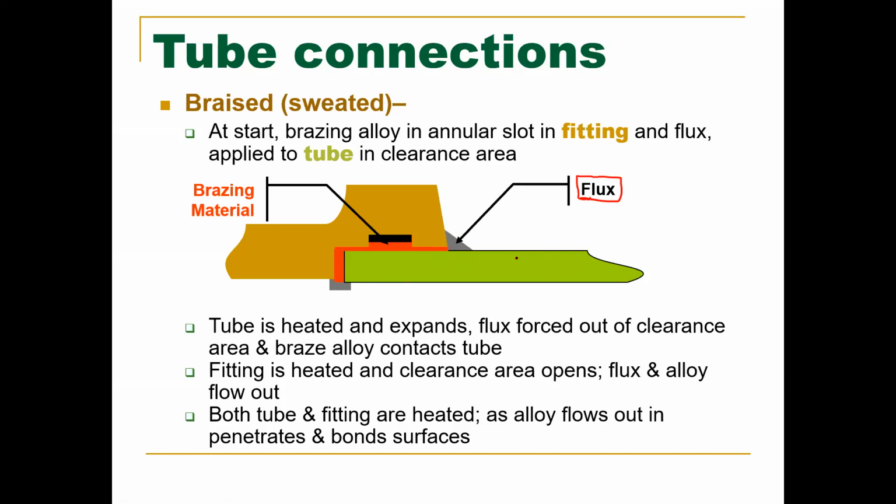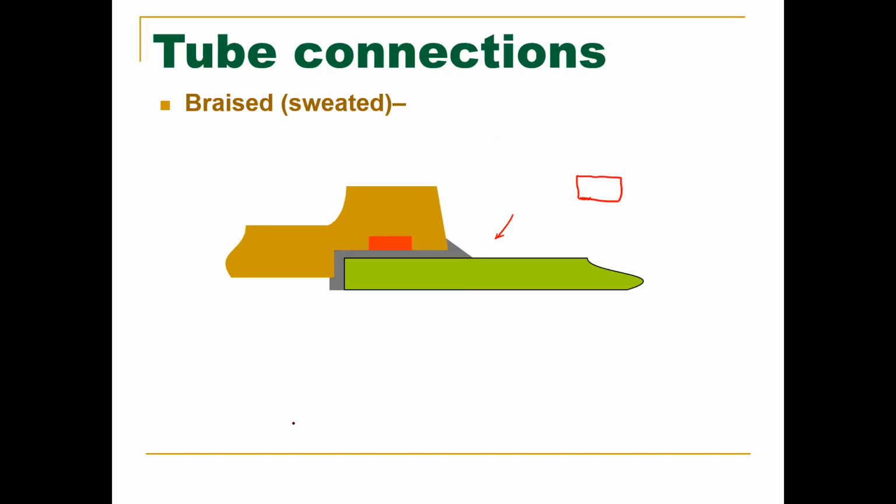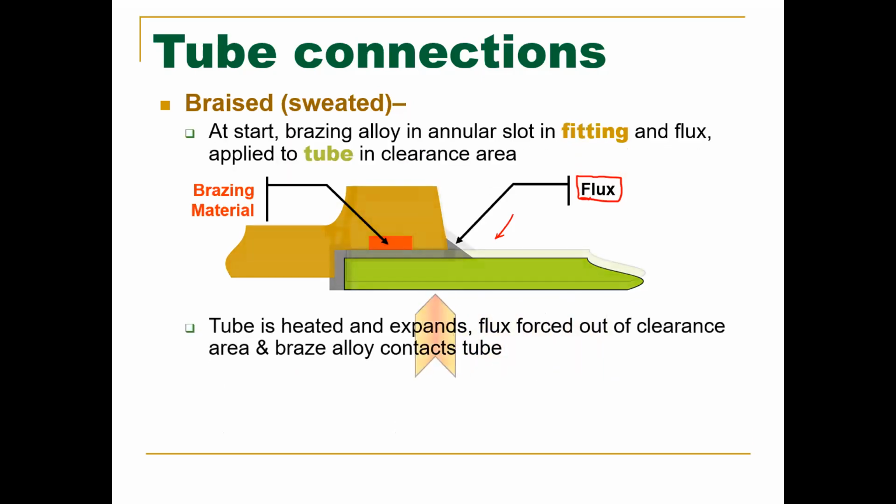So what flux does, and flux is used in both soldering of electronics. I'm surprised no one here has done that. And also with soldering or sweating any sort of copper pipes together or tube connections. All right, so flux is applied. And basically, it's designed to be melted away.